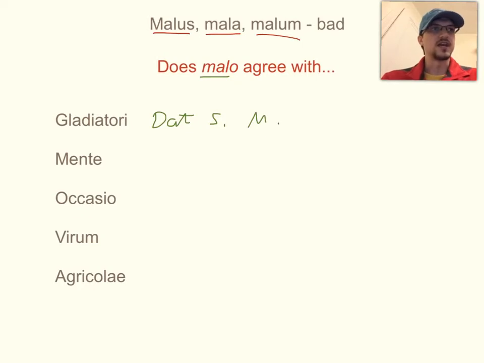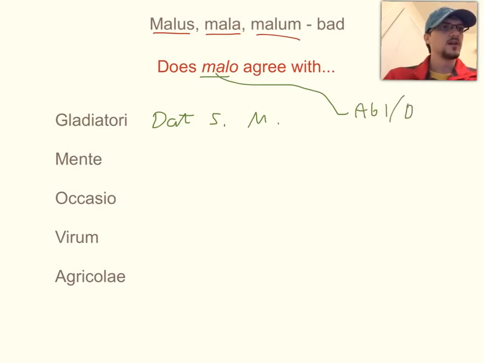The answer is yes, it does, because malo can be ablative or dative, masculine, and singular. Those are the criteria we're looking for in our noun, and since this is dative, singular, masculine, it does agree. So, hooray.